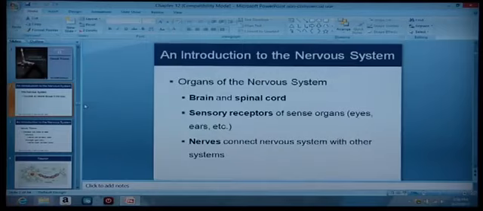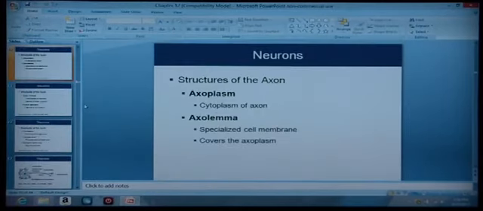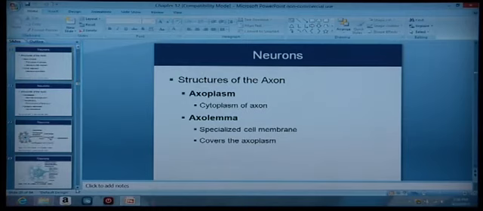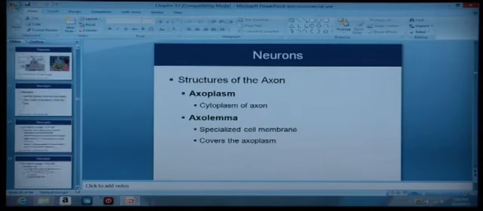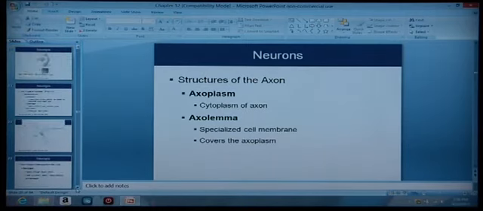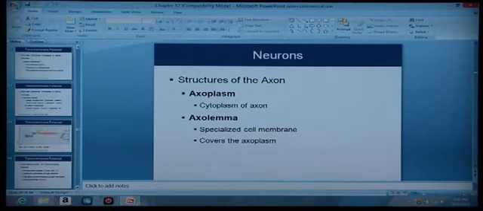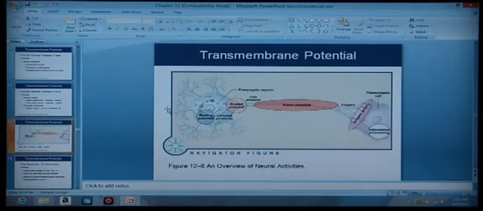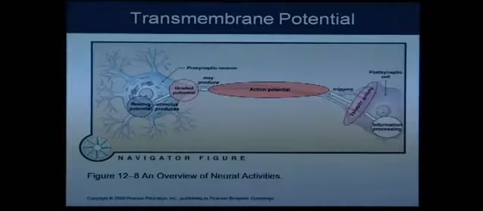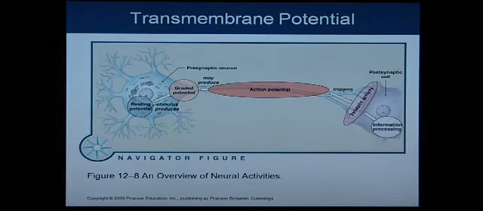Okay, so we're going to talk about two types of propagation of the neuron, but in order to do that, I think it would be helpful to see that visual one more time of the overview of what we're trying to do here. Here we go. All right. So here's what I was looking for.